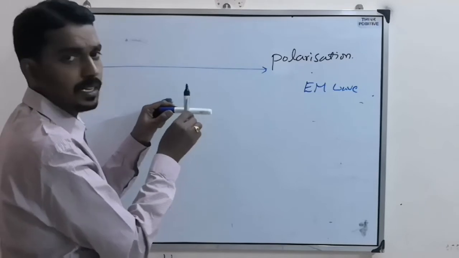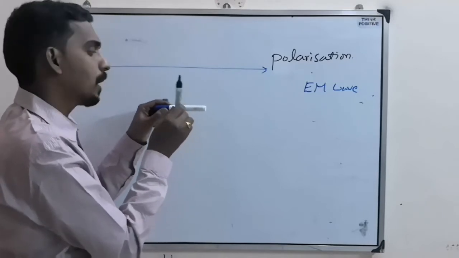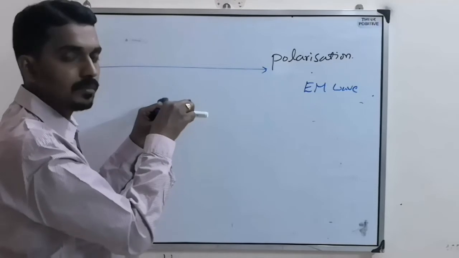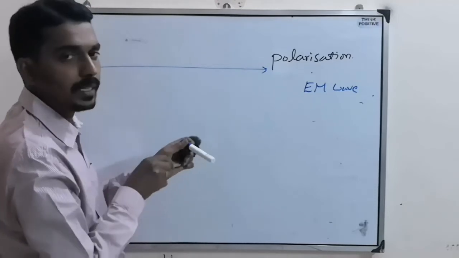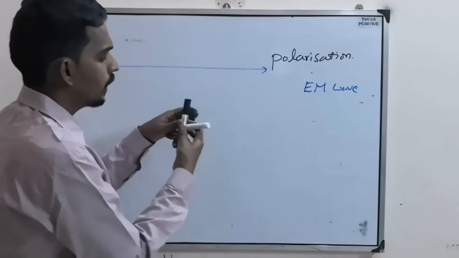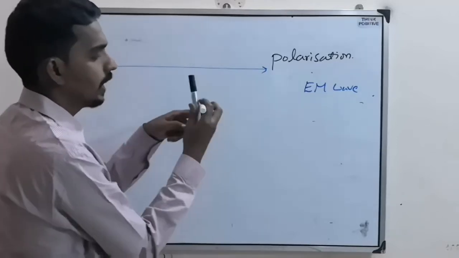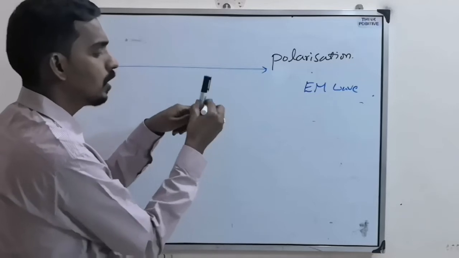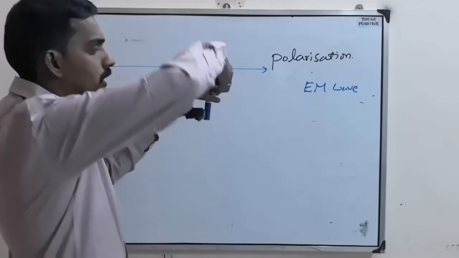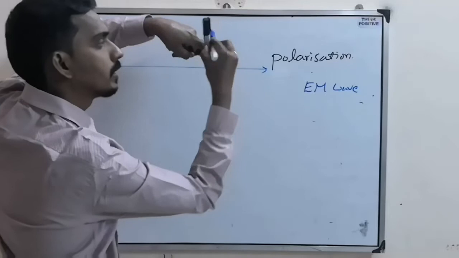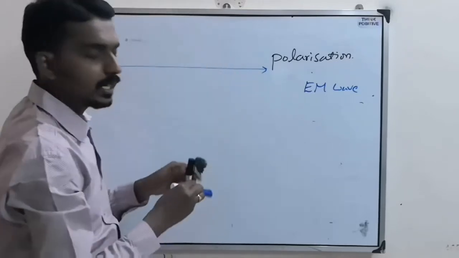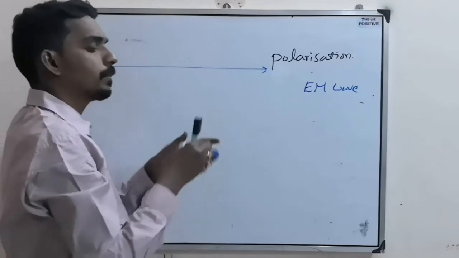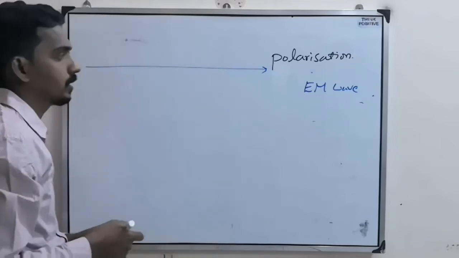In one direction the electric field will be there, and perpendicular to both of them, one more field, that is the magnetic field. Two perpendicular fields are associated at every point, such that both are perpendicular to each other in any possible direction, and both must be perpendicular to the direction of propagation.